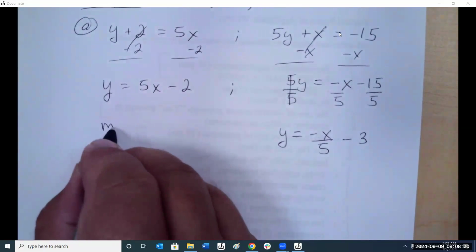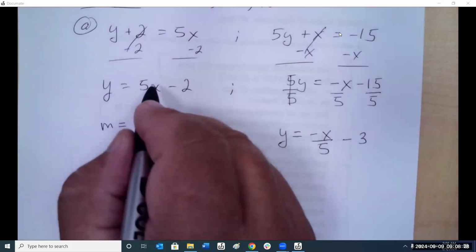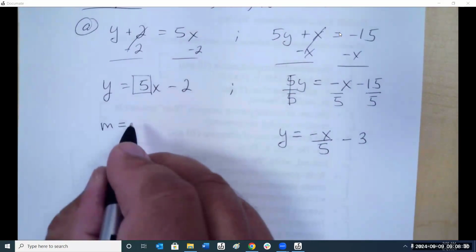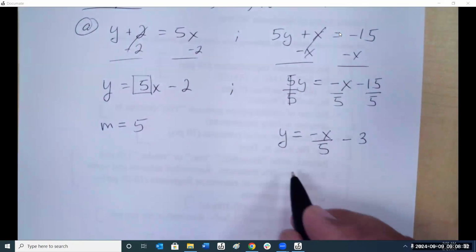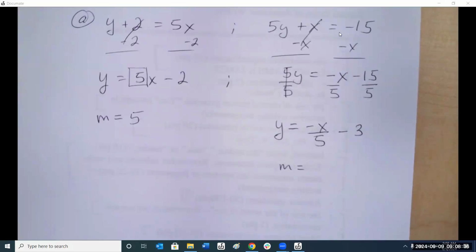So what's the slope of this one? Yeah, the slope is whatever's in front of the x. What's the slope of this one? Did you say negative 1/5, or did you say negative 5?